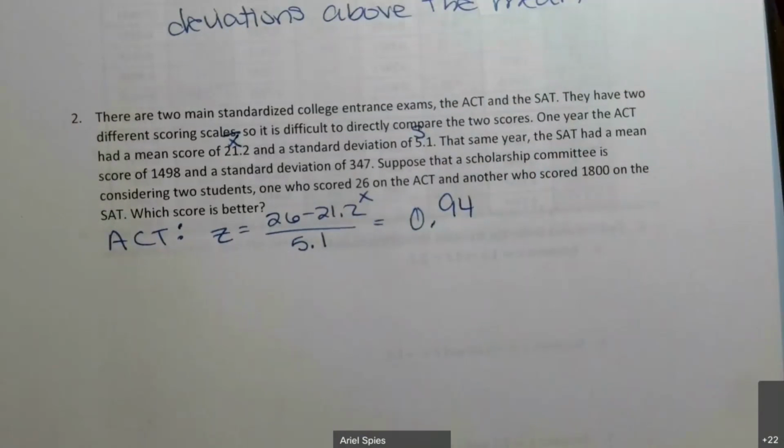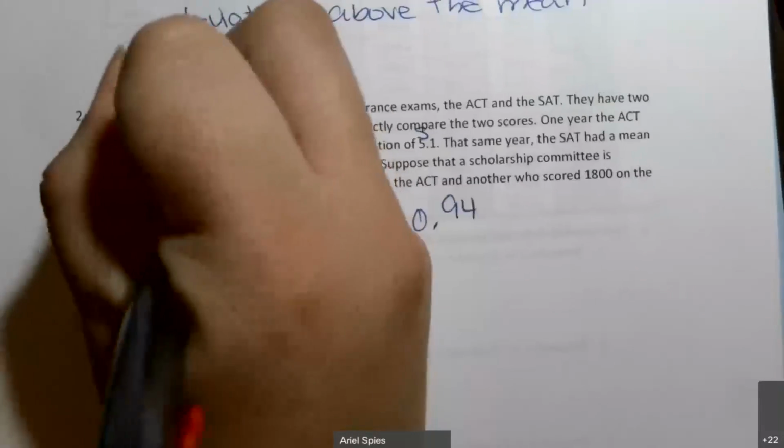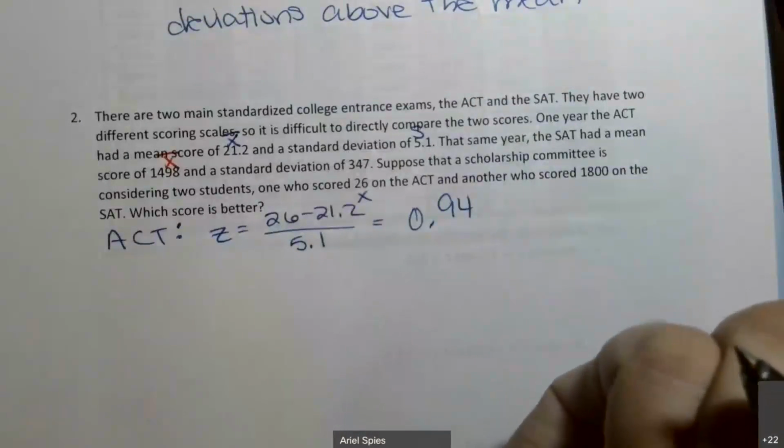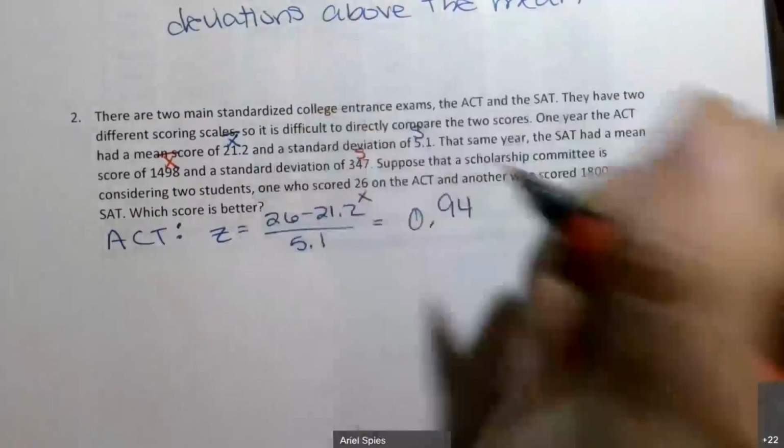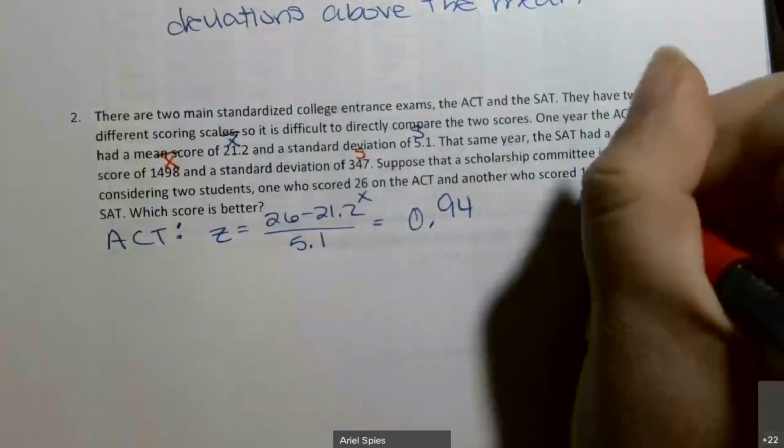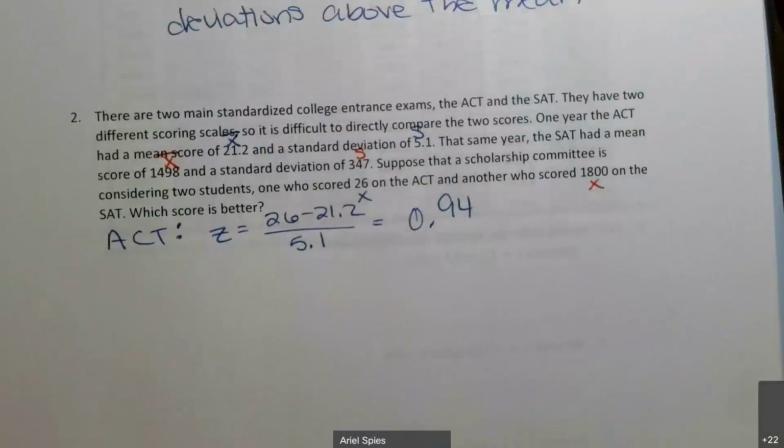And then I want to go ahead and do the same thing for the SAT. So I'm going to do this in a different color when I write out my variables so it's clear. This one has a mean score of 1498, so that's my x bar. The standard deviation is the s, and the score on the test is the x.